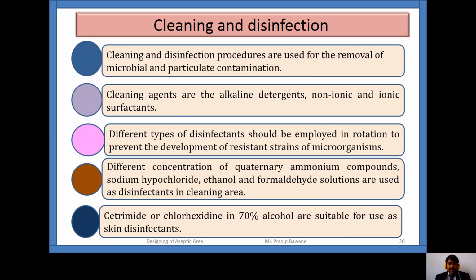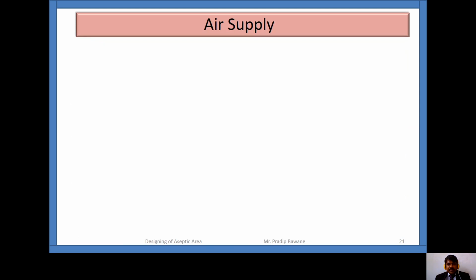So whenever you are entering the aseptic area, prior to that, you should sterilize your hands and whatever open skin area there may be with the help of either cetrimide or chlorhexidine prepared in 70% alcohol. This care has to be taken when you are performing any function in any sort of aseptic area.